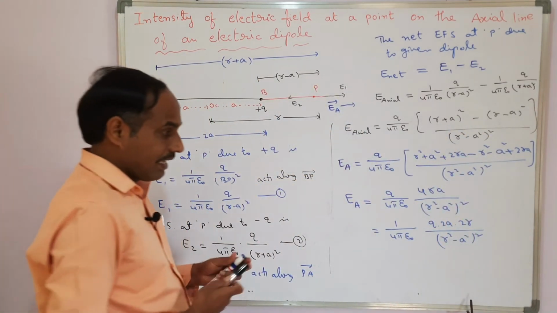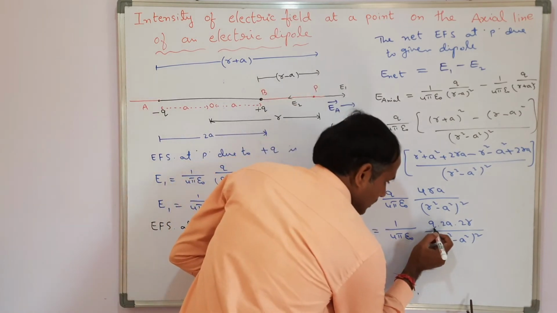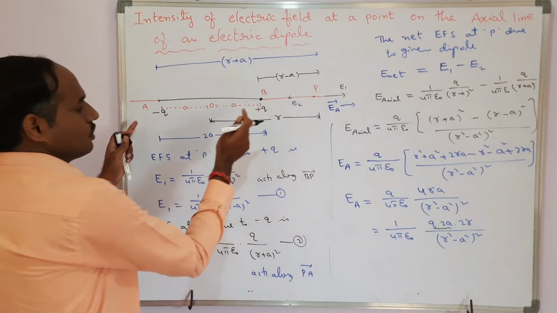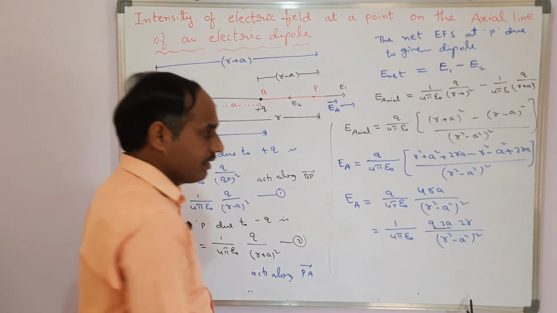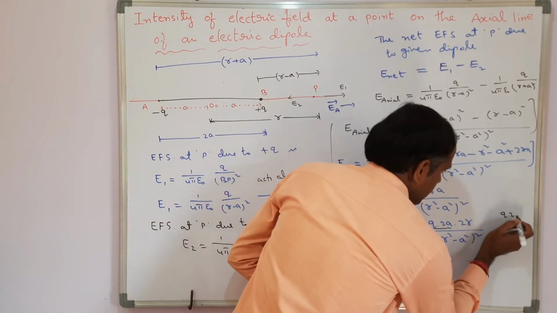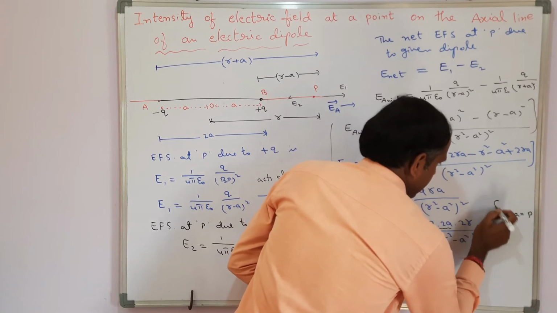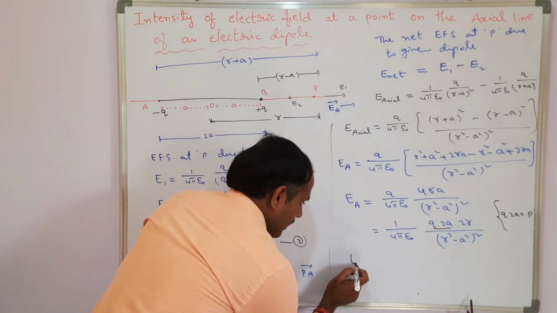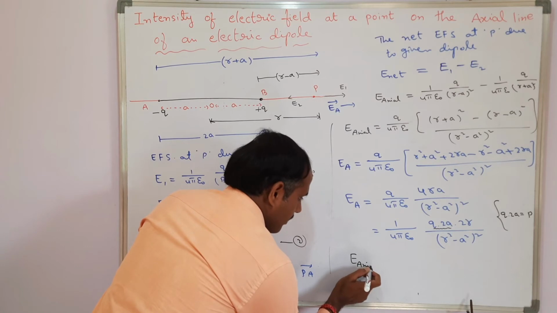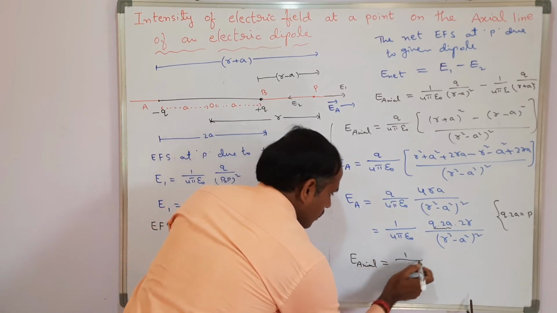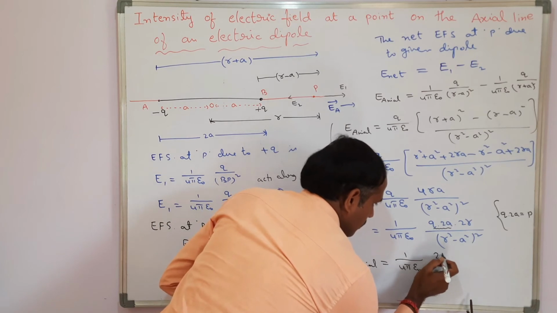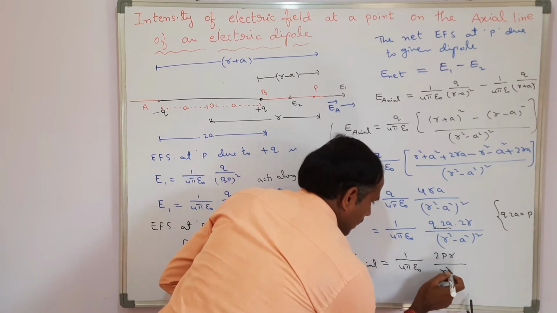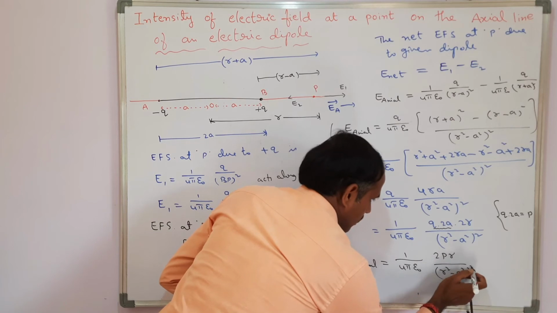Again, the product of charge and the separation between these two charges, meaning the length of the dipole, gives the dipole moment. Otherwise you write here q into 2a is the p. Therefore E on axial line is equal to 1 by 4 pi epsilon naught of 2pr upon (r square minus a square) whole square.